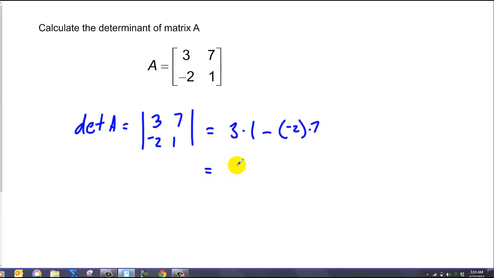So we end up with 3 plus 14 or 17. Pretty straightforward. And again, what's it mean? At this point, nothing, but you're going to need this preparation for future mathematics that you're going to do.